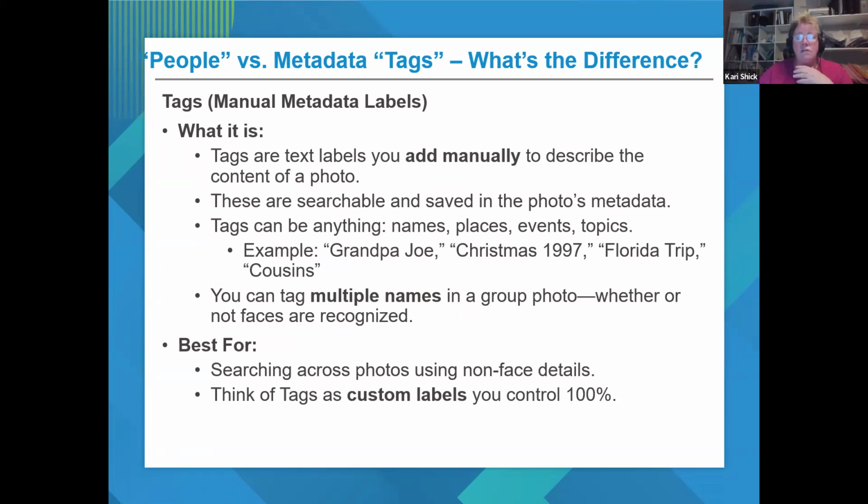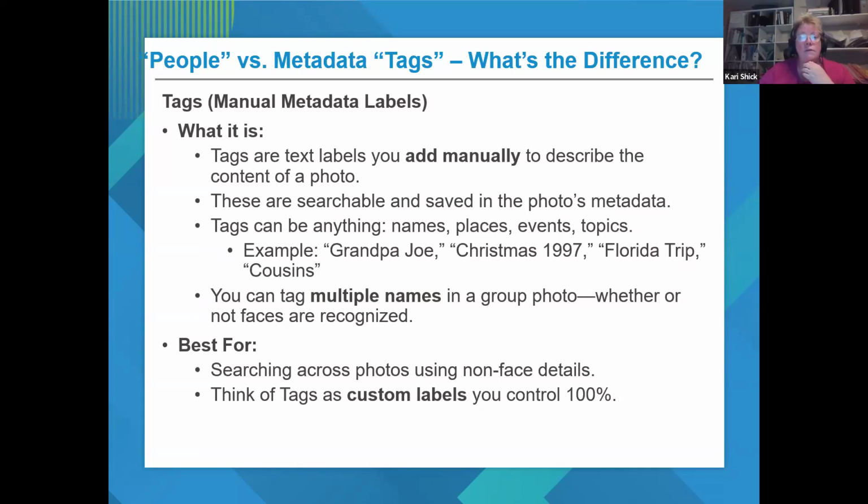So tags are things that you add manually to describe the content of a photo. And we've talked in the past about ways to tag your photos by location, by event, by people who are in your photo, so that way you can easily search and find them. Tags are searchable within metadata.